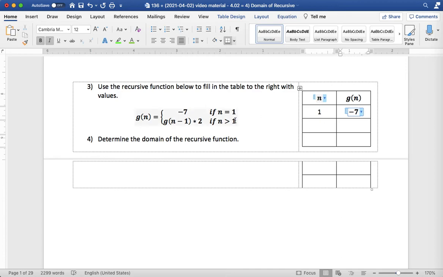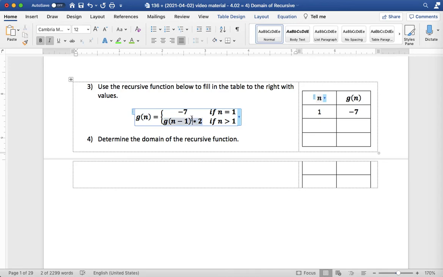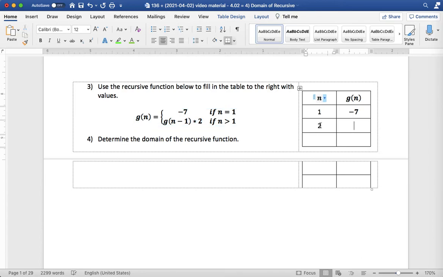And for every n bigger than 1, I use this equation, which is your previous y times 2. So when n is equal to 2, this is -14, because -7 times 2 is -14. For my next one, it is -28, -56, -112.